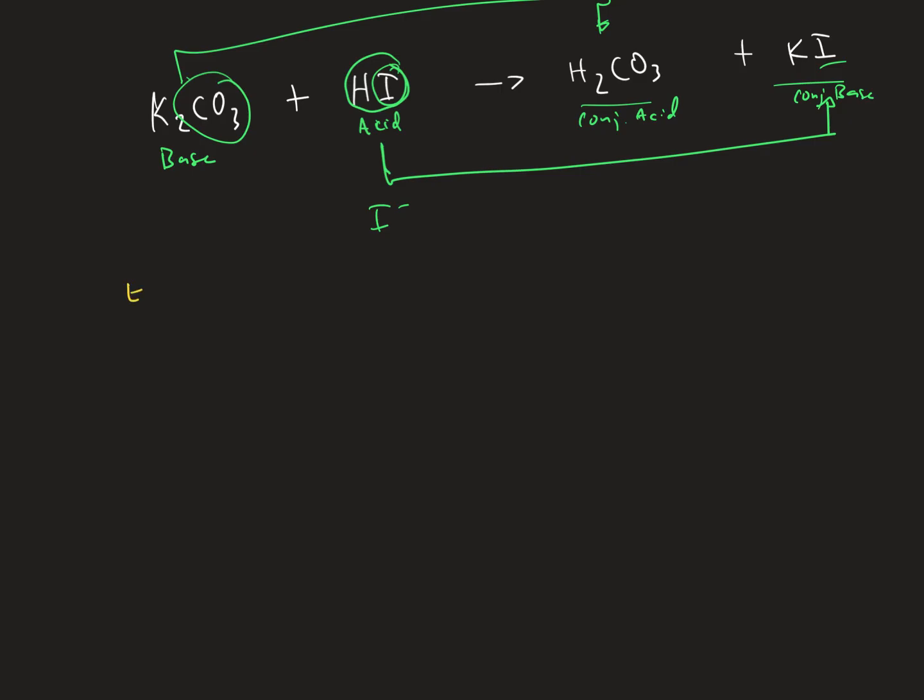So here's our first example. We have HCl plus calcium hydroxide, and that forms H2O as a liquid and calcium chloride. I better write aq, aq, and aq.